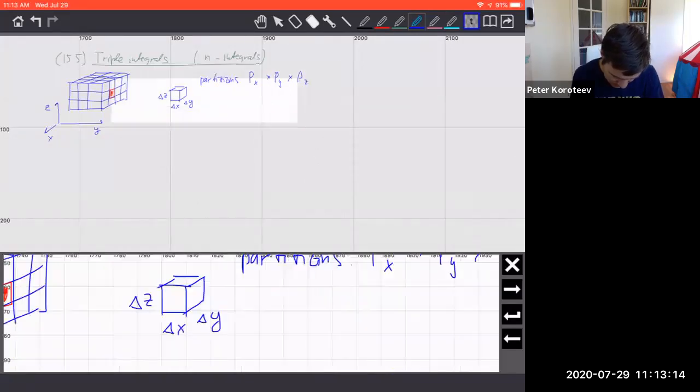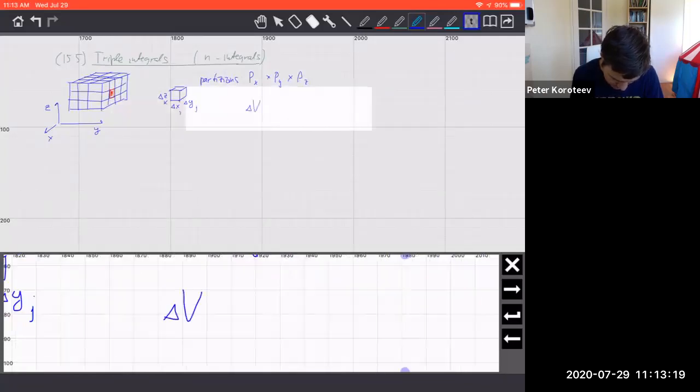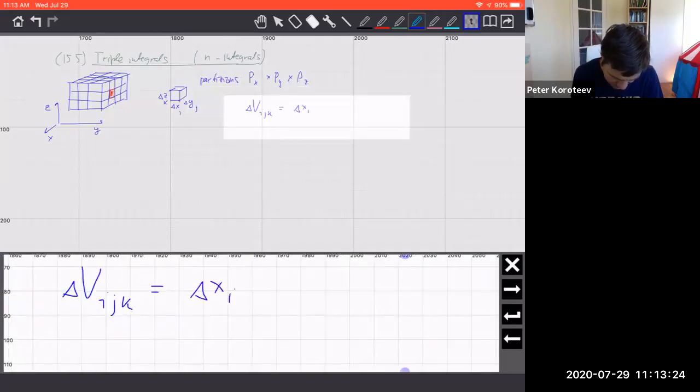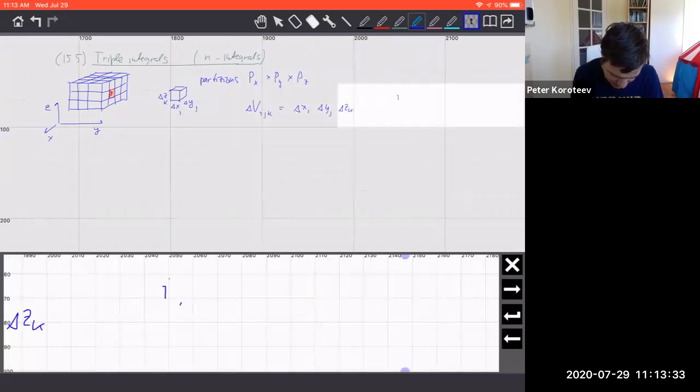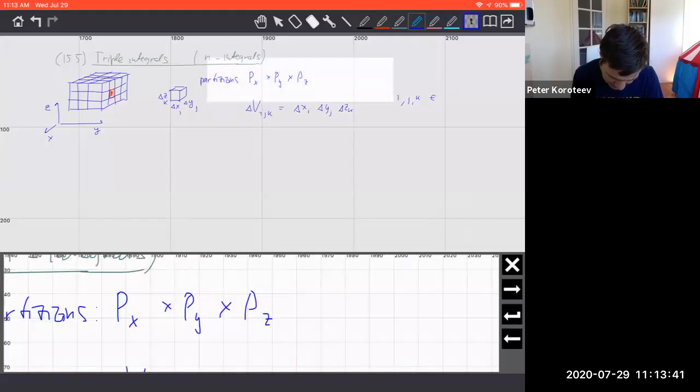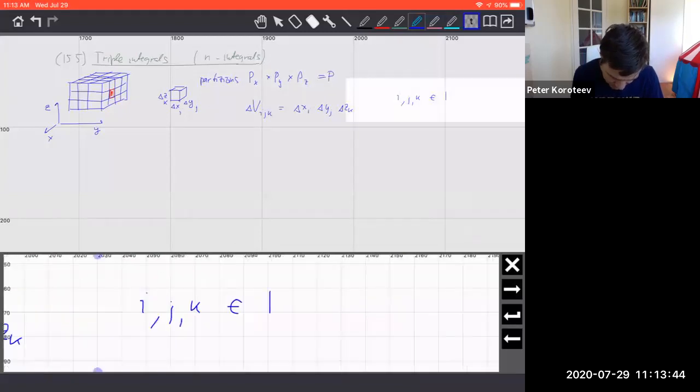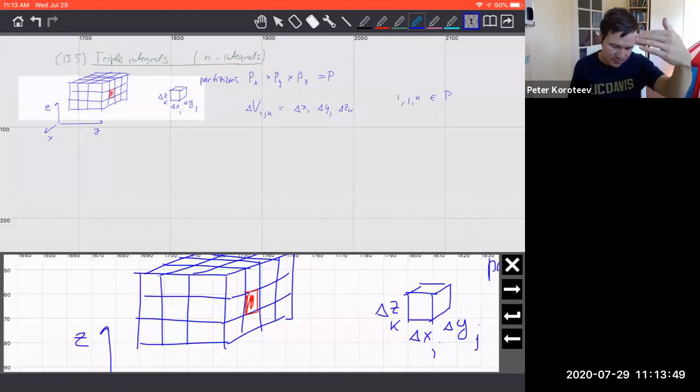And then there will be the volume, delta V_ijk, labeled by three indices: delta x_i times delta y_j times delta z_k, where i, j, and k belong to this partition. Let's call it partition P. It simply tells us where and how we cut the parallelepiped into these smaller parallelepipeds.